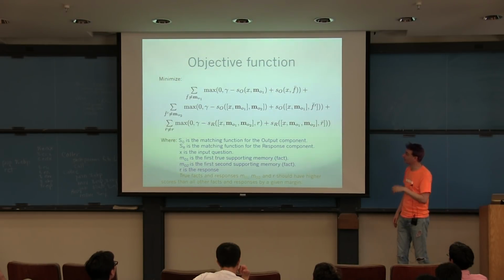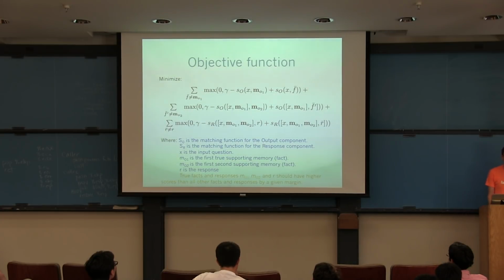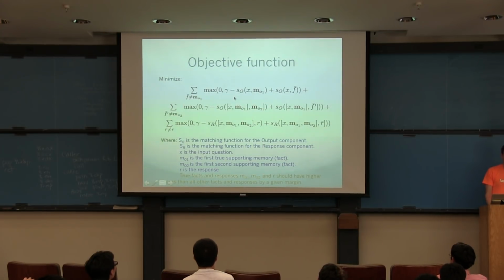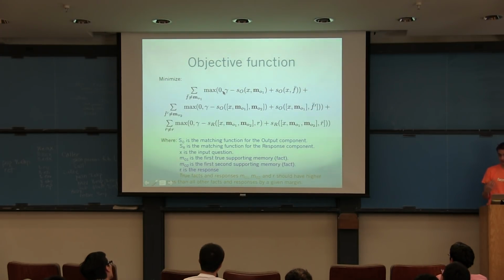Then the objective function basically ends up looking like this. This is for the whole model, optimizing both the O component that finds the supporting facts and the R component that produces the response. So the first line is for finding the first supporting fact, the second line for the second supporting fact, and the third line for finding the response. This is a classic hinge loss, margin ranking loss function.